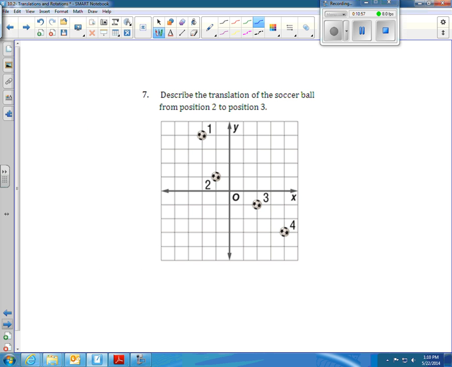And last one, describe the translation of the soccer ball from position 2 to position 3. All right, so we're starting here. Now remember when we talked about translations, we talked about what happens with the x first. So that's left and right. If I'm at point 2 and I need to go to point 3, I'm going to go right 3. And that 3 comes from counting 1, 2, 3.